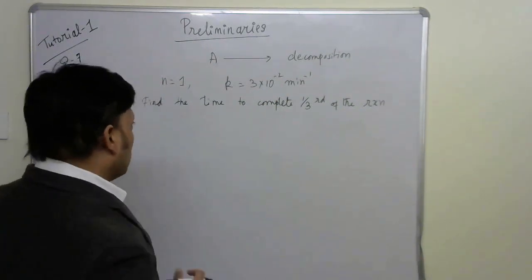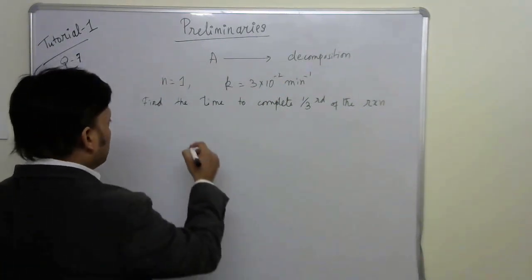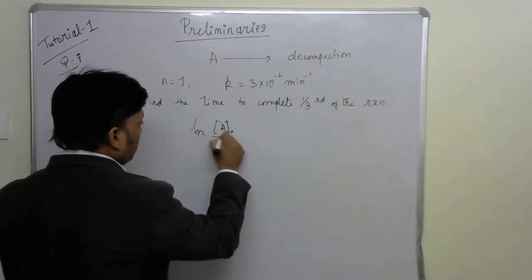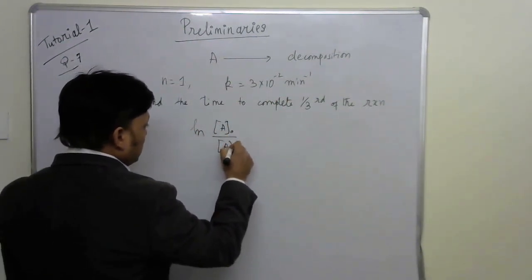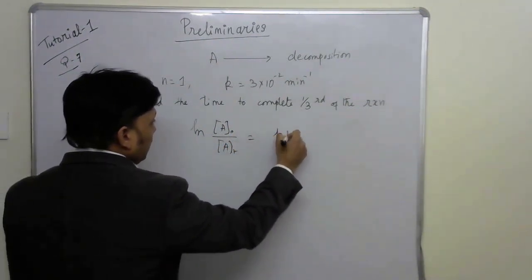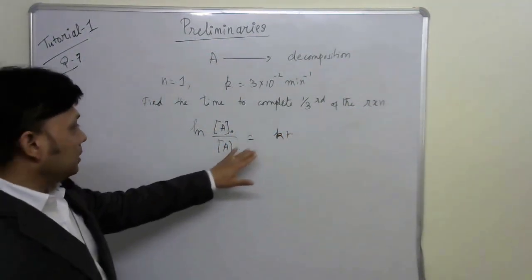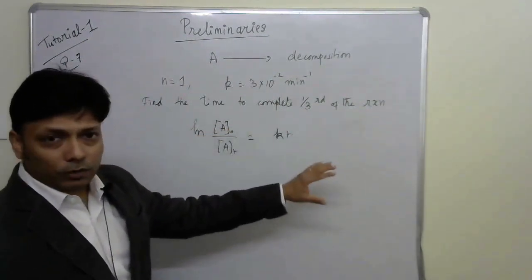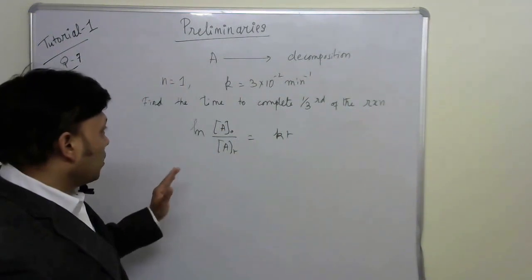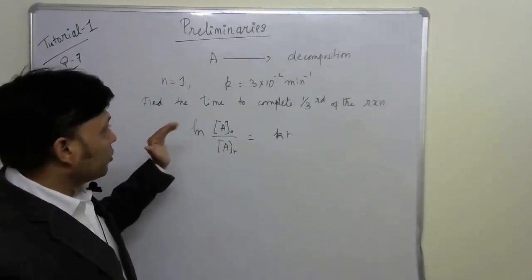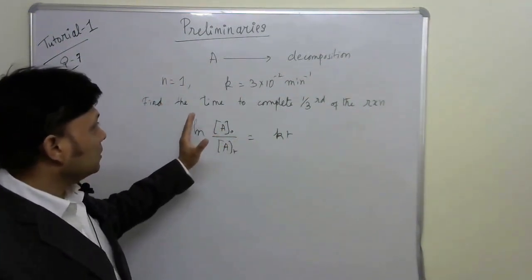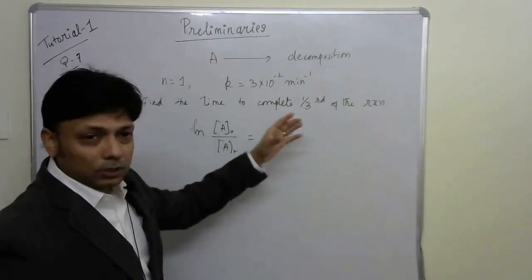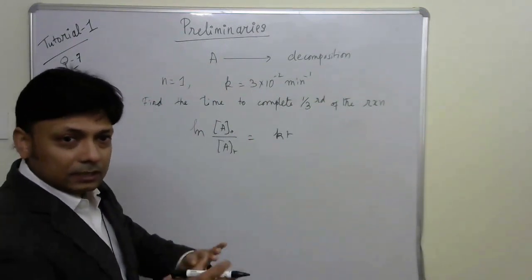Since this is first order kinetics, we have to write the integrated rate law. We can write it like this: natural log of A naught divided by A t is equal to Kt. Now it says find the time to complete 1/3 of the reaction. That means if the reaction proceeds 1/3, 1/3 of A has been decomposed, so 2/3 is still left.